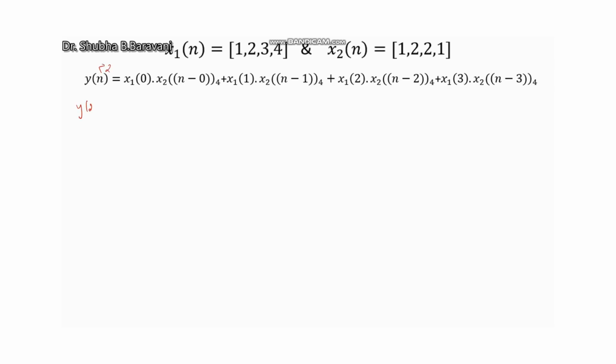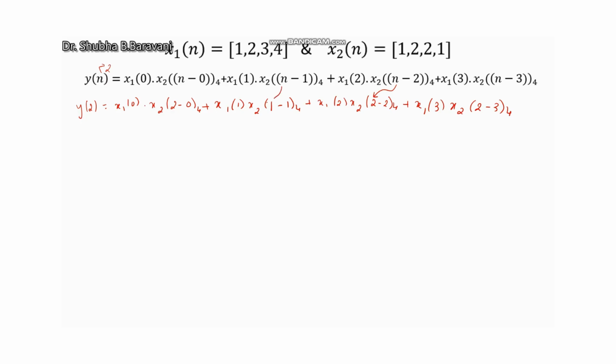So y of 2 is equal to x1 of 0 into x2 of 2 minus 0 to base 4, x1 of 1, x2 of 1 minus 1 to base 4, x1 of 2, x2 of 2 minus 2 to base 4, see, plus x1 of 3, x2 of 2 minus 3 to base 4, right?